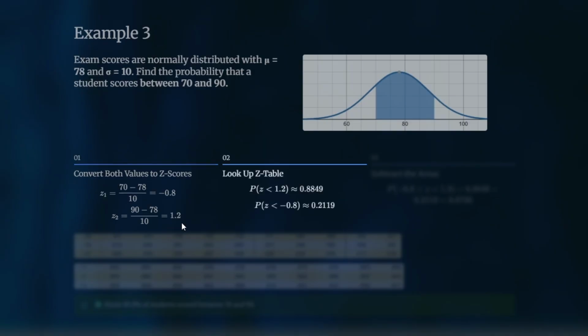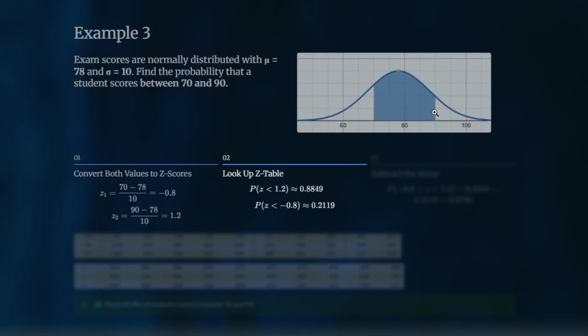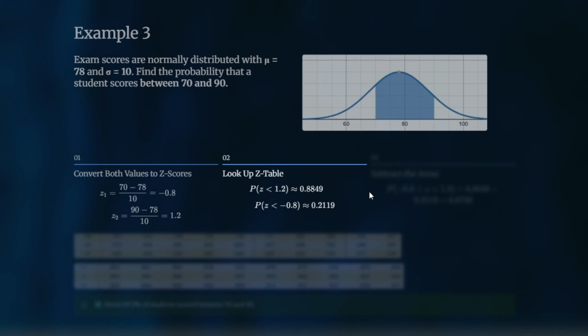Now we'll need to look up in the table the probability that z is less than 1.2, which would be the area under the curve to the left of 90. And then we'll look up the area to the left of negative 0.8, which corresponds to an exam score of 70, the area to the left of 70.